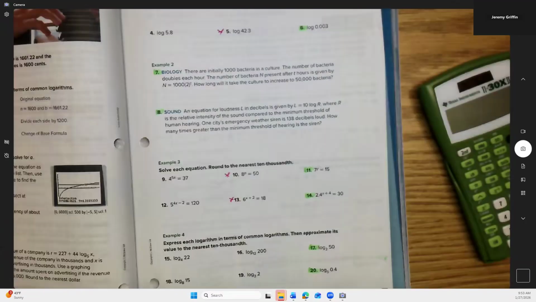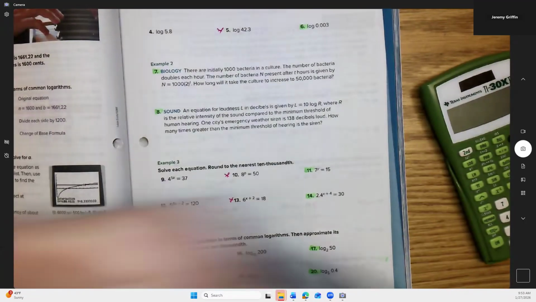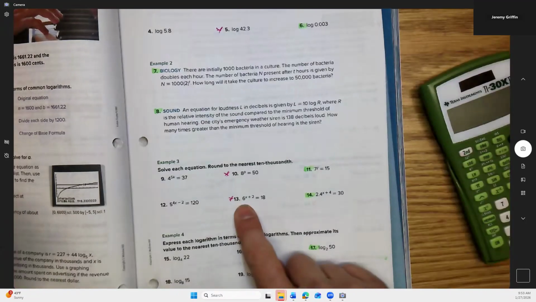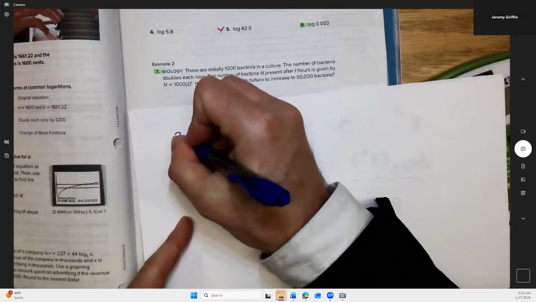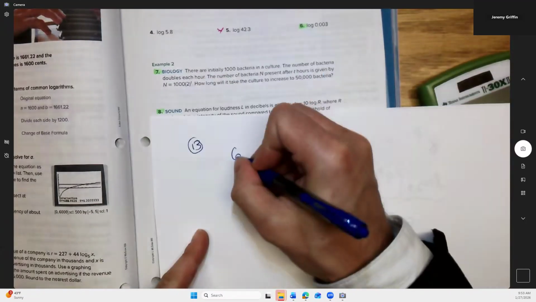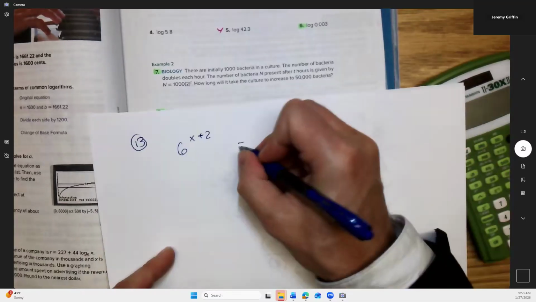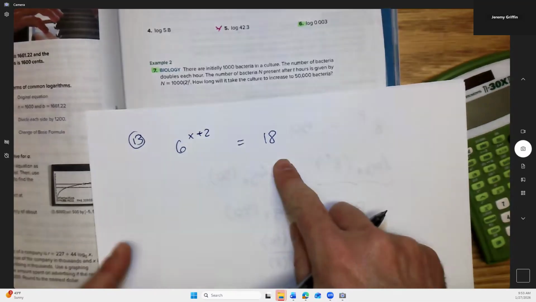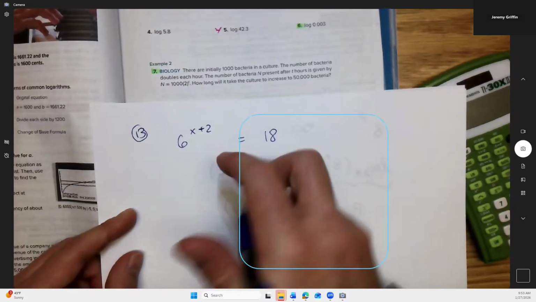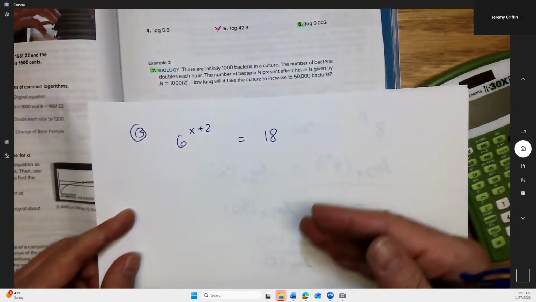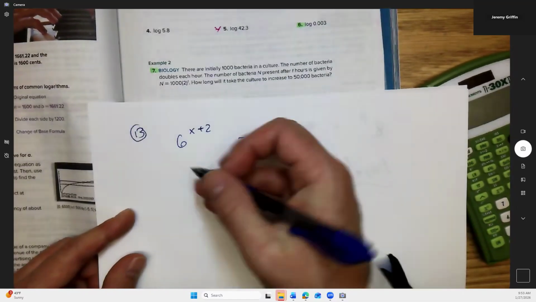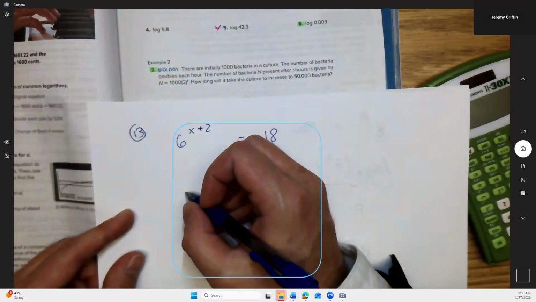All right, let's do 13. I got 6 to the x plus 2 is 18. Trying to solve for x, it's in an exponent. That means a good way to go about solving it would be to apply a what?